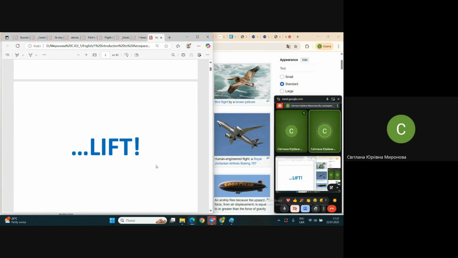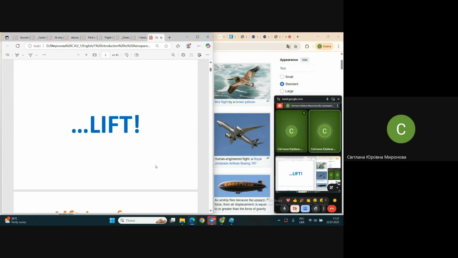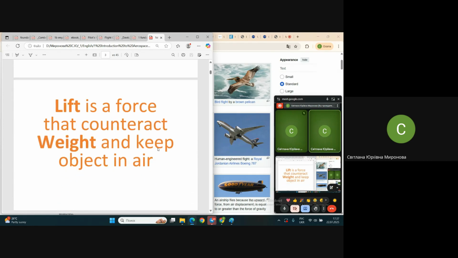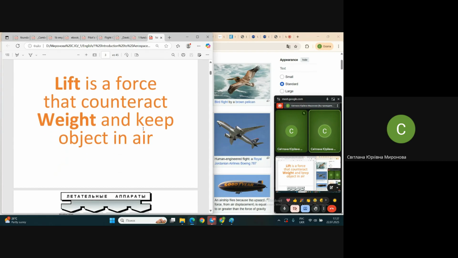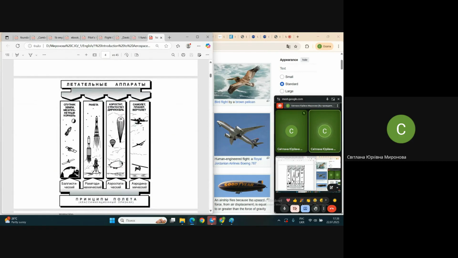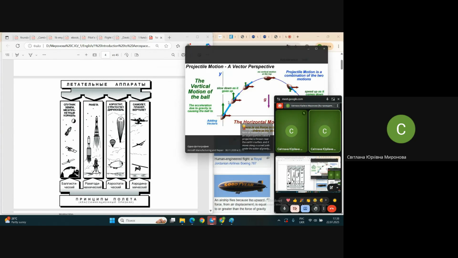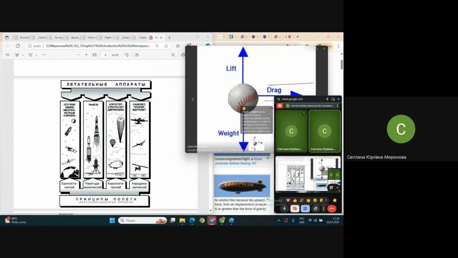What we understand as lift. Lift is a sort of force which counteracts gravity and helps you keep these objects in the air. Once again, mostly we're talking about vehicles, so mechanical objects. And right now you see the picture, this one non-colored, or here is the same.